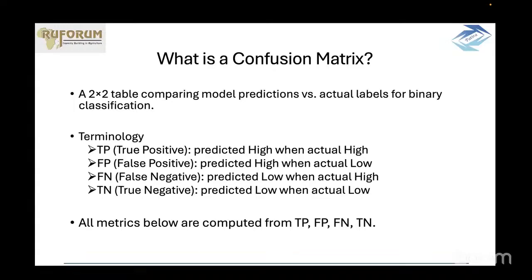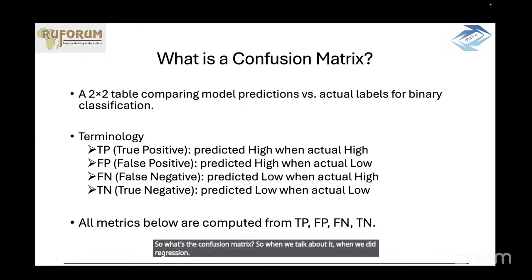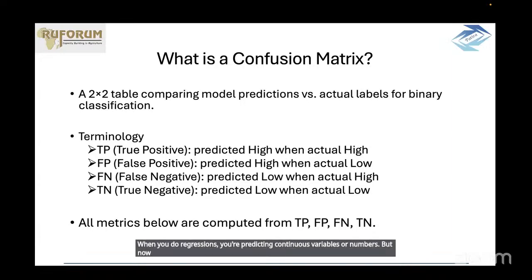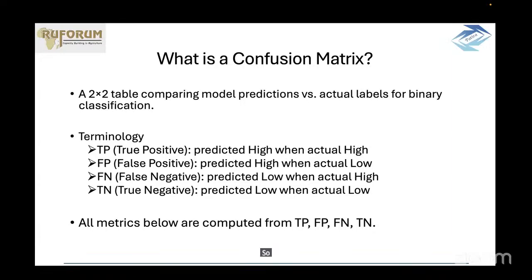Okay, so this is another word that I'm going to introduce here, a confusion matrix. So what's a confusion matrix? When we did regression, we didn't talk about a confusion matrix. When you're doing regression, you're predicting continuous variables or numbers, but now you're predicting categories. So a confusion matrix is basically a 2x2 table that compares your model predictions versus actual labels.